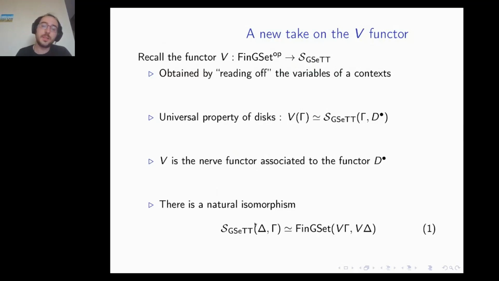And it might seem like a technical result, but from a type theoretic perspective, it's really, really nice. It says that a substitution is simply a way to associate to every variable of gamma a variable of delta in a way that's compatible with the source and target relation, so compatible with the typing, really.